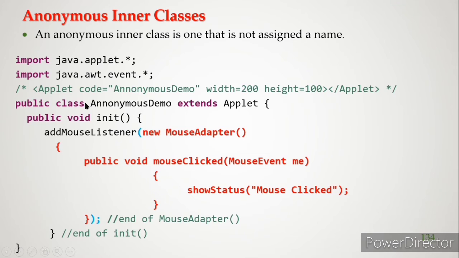This anonymous inner class is defined within the scope of AnonymousDemo, so this mouseClicked method is directly accessing the showStatus method and it is printing mouse clicked. This is about the anonymous inner class.